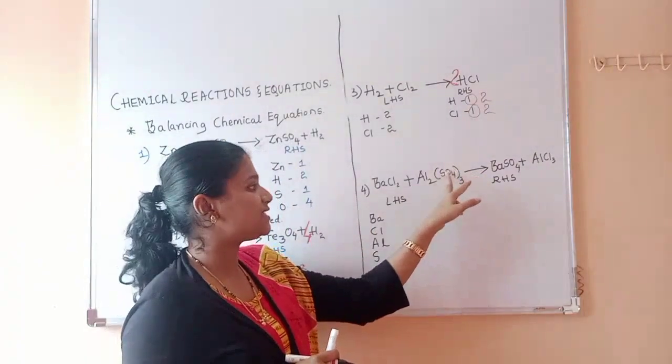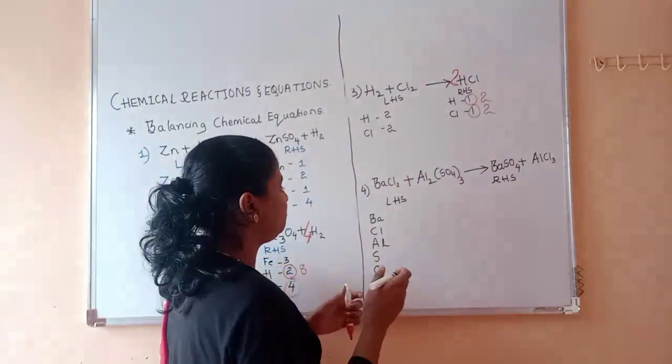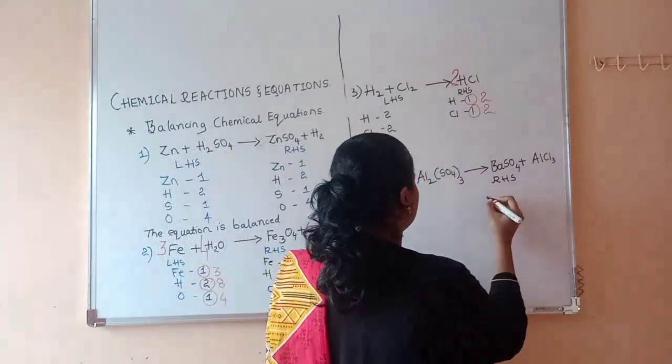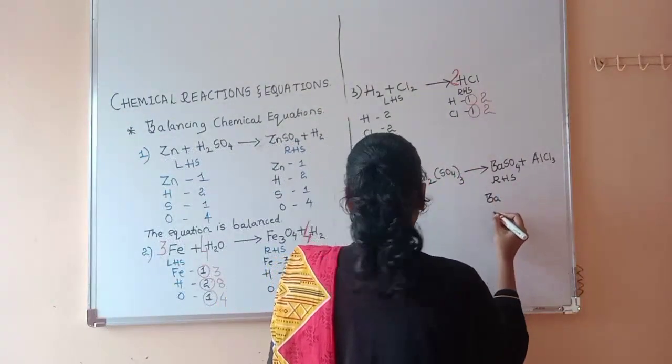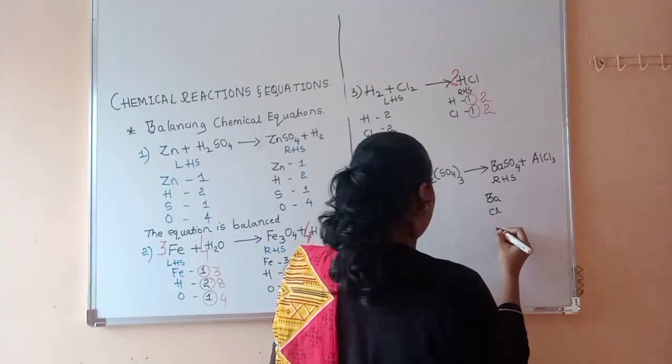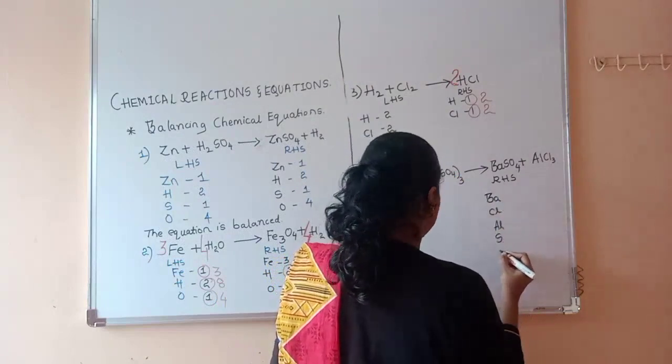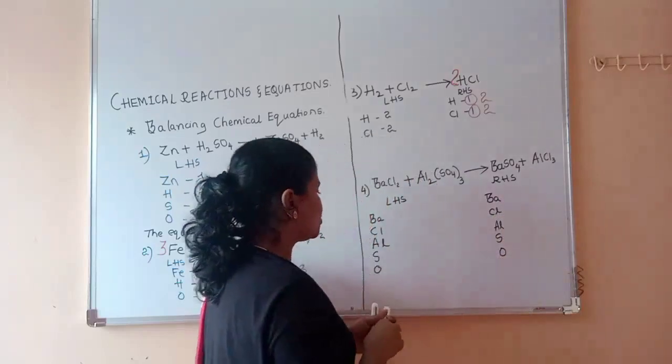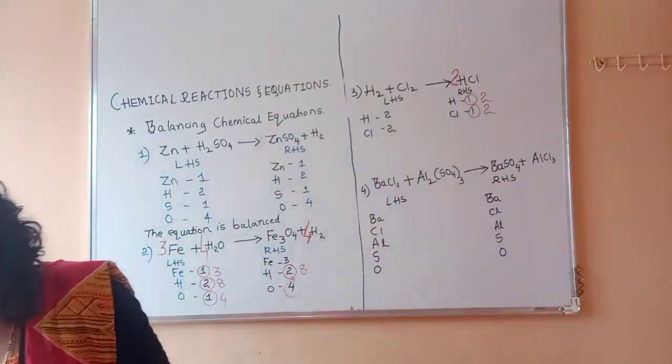Okay, so S and O you have to take separately. Similarly, on the RHS side, we have barium, we have chlorine, aluminium, sulfur and oxygen. So let us write the number of atoms here.